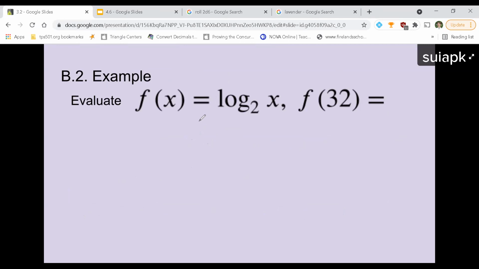This is your first questions on WebAssign. You do not need a calculator to do these. If we want to find out what f of x equals log base 2 of x is, when x is 32, you do this like you would normally. We're just going to replace x with 32. What this question is asking you to find is 2 to the what power is 32.